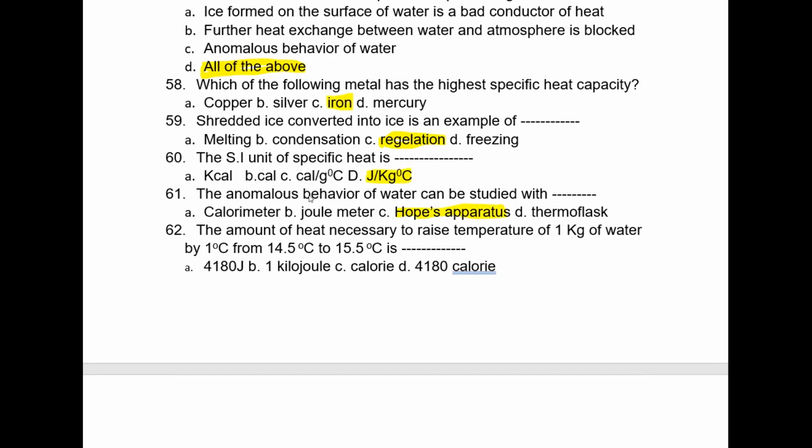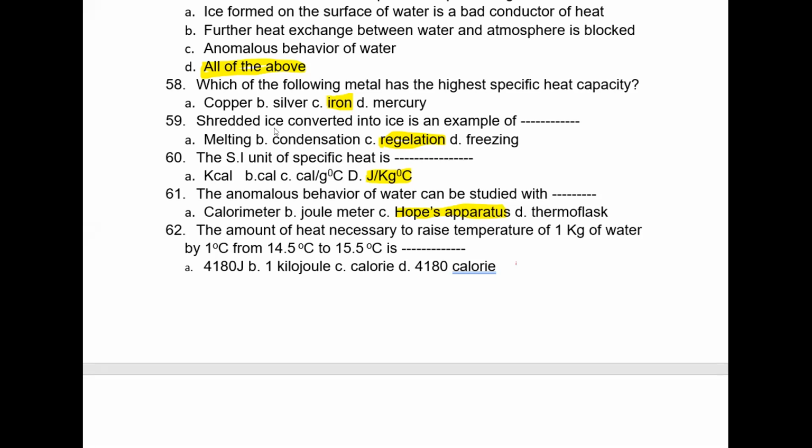Next question is, the amount of heat energy necessary to raise the temperature of 1 kilogram of water from 14.5 degrees Celsius to 15.5 degrees Celsius: 4180 joule, 1 kilojoule, calorie, 4180 calorie.